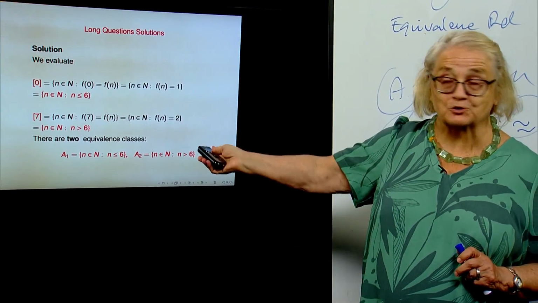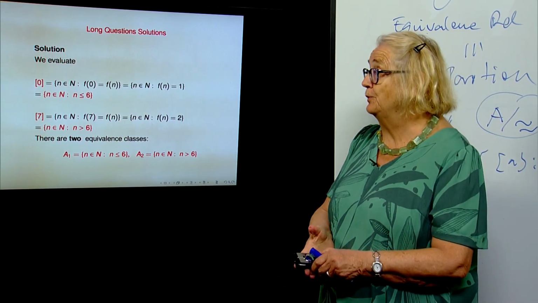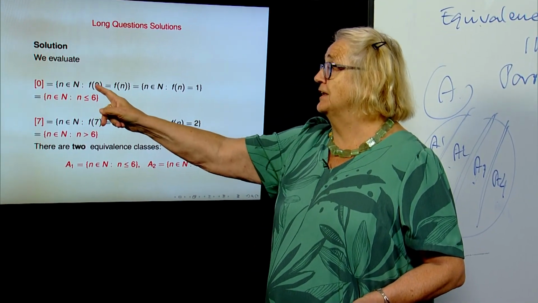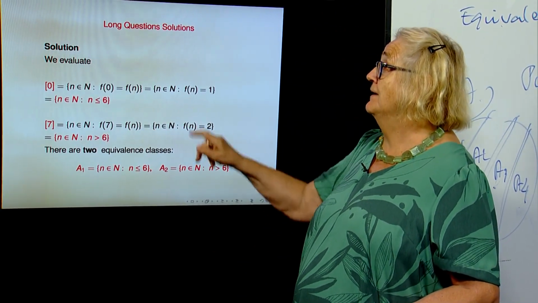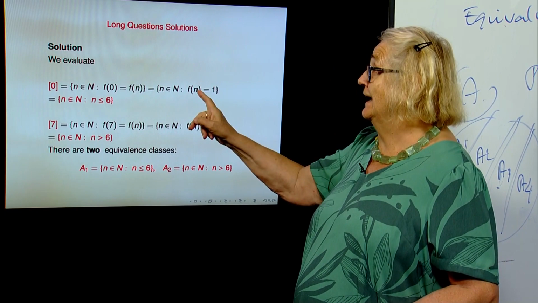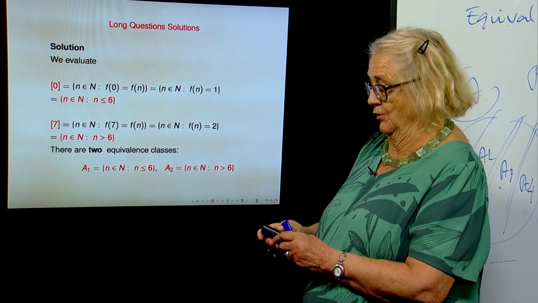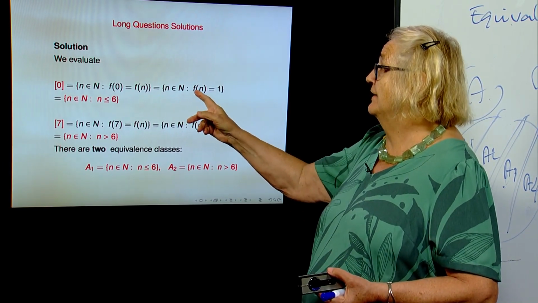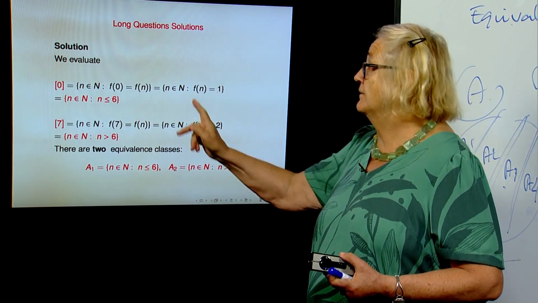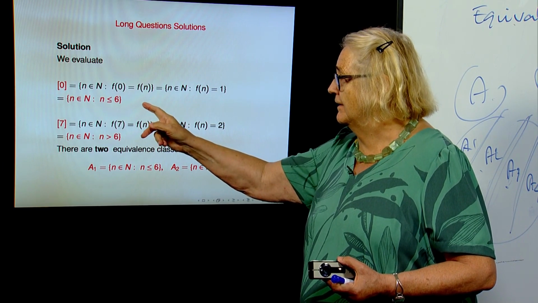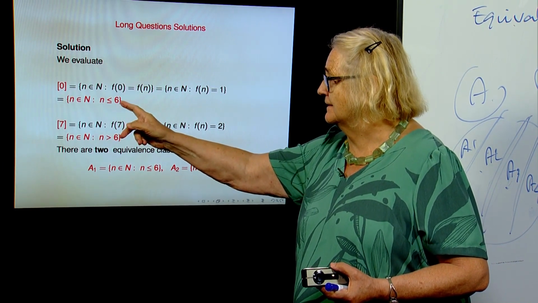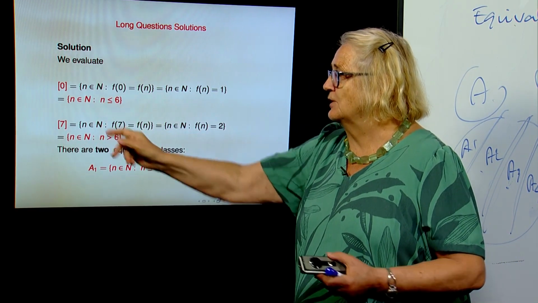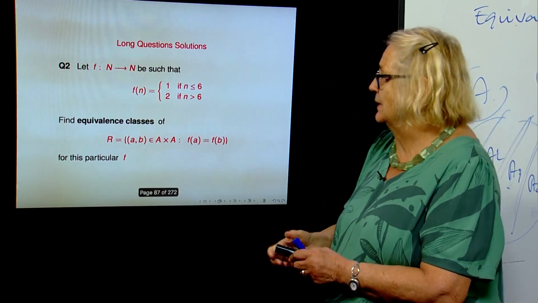And here's the solution. Again, what would be the equivalence class of 0? By definition, f of 0 is equal to f of n. So when you look at the definition of classes, that would be n. 0 is less than or equal to 6 when you look here.